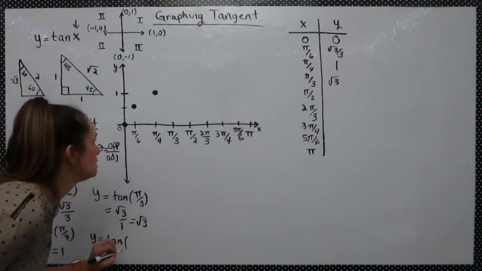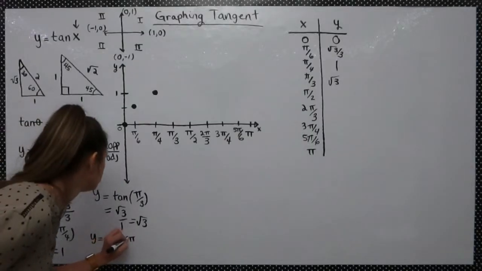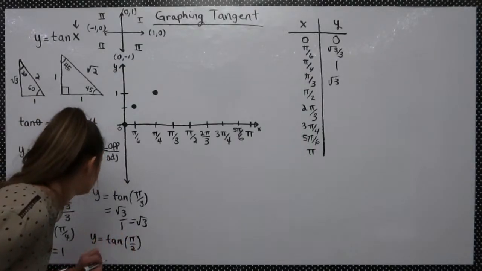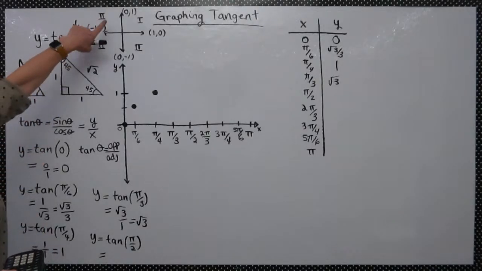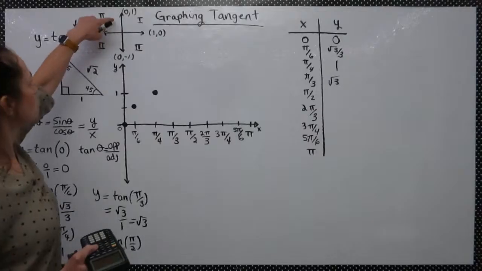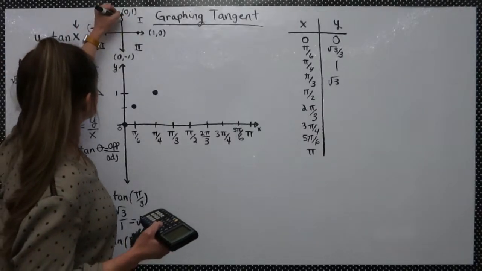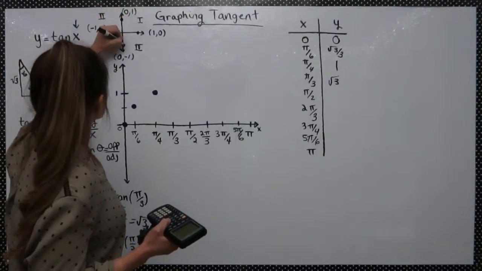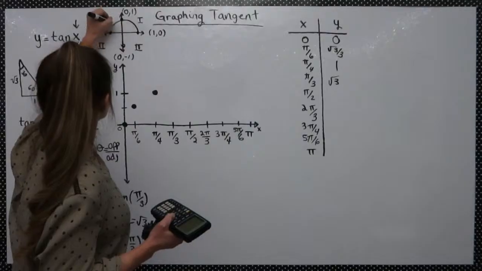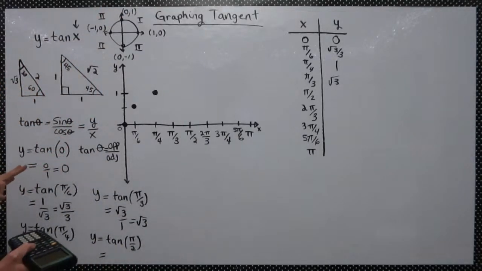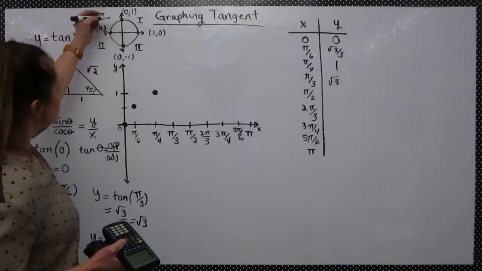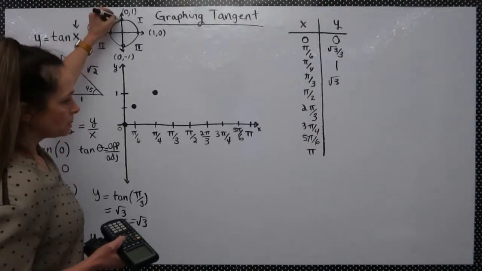Tangent of pi over 2. And recall pi over 2 is 90 degrees. And that's why I put this up here. This is real general, just basic. The unit circle is so fundamental and so important, it's really hard to not use it. But pi over 2 is right here, 90 degrees.